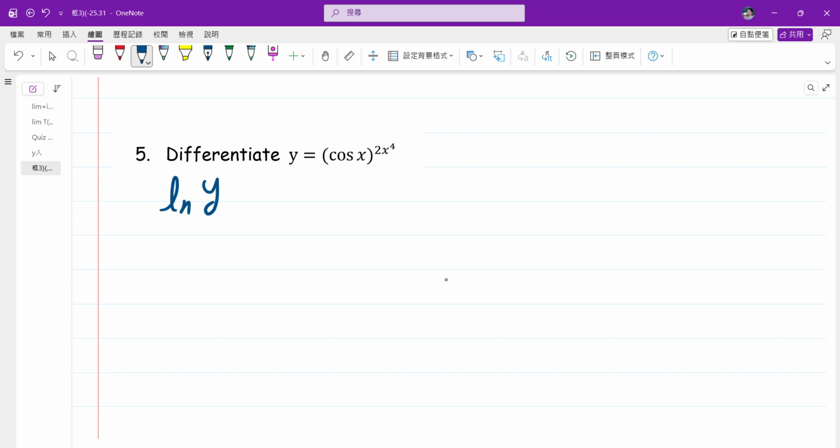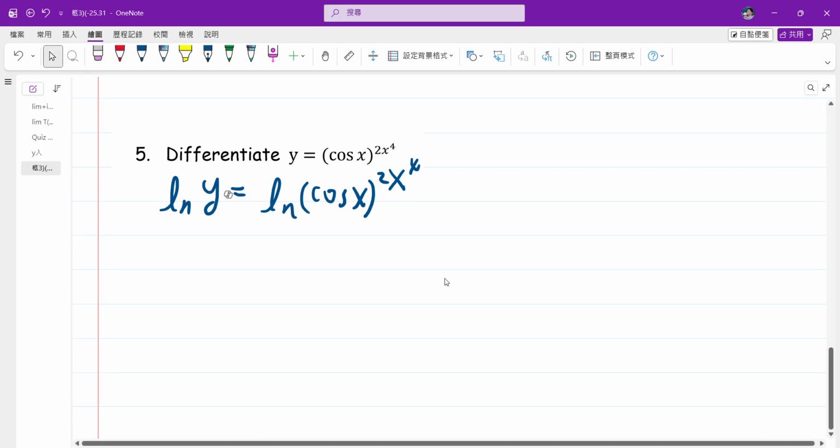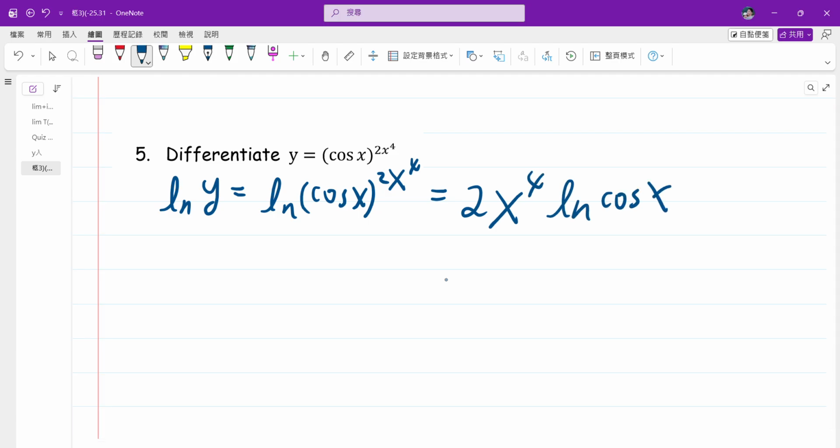So natural log y equals natural log of cosine x raised to 2x to the fourth, right? And then put the power here. So that equals 2x to the fourth times natural log cosine x.